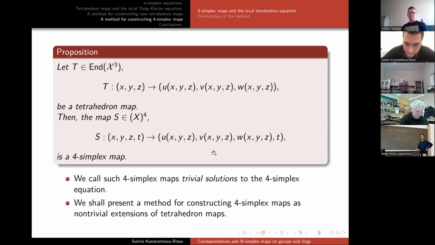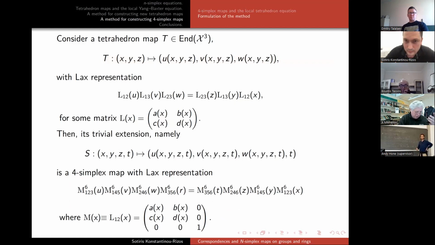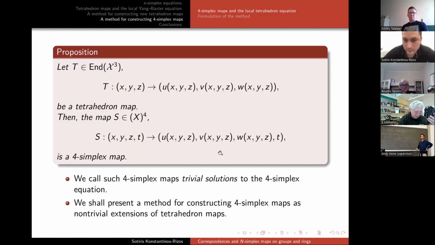This will be called trivial. So we want to construct non-trivial extensions where there is a function of all variables x, y, z, t, and u, v, w also depend on t.